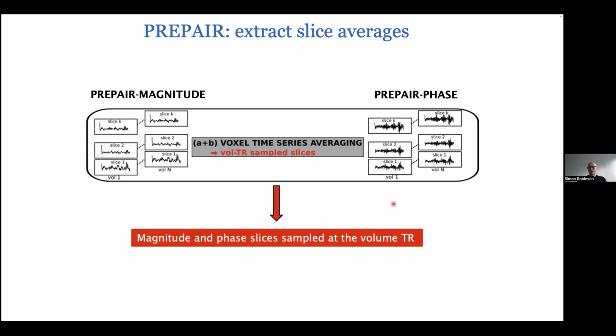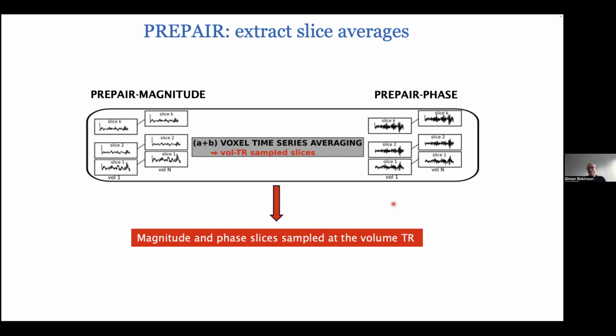And you'll often hear that it's not possible to detect, for instance, cardiac changes in fMRI data because we only sample at the volume TR, which is typically 1 to 3 seconds, and really the Nyquist theorem tells us that we need to sample at twice the cardiac frequency.